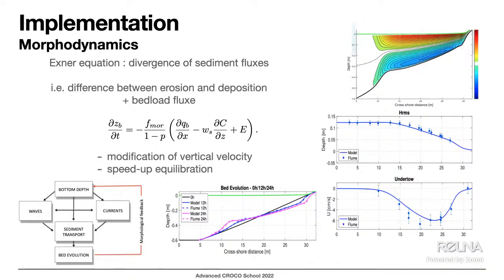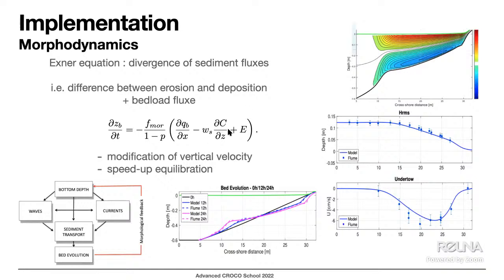But if you want to compute the morphological evolution, as we saw, the morphological evolution is the divergence of the transport. So you have here the transport in the water column at the last level.